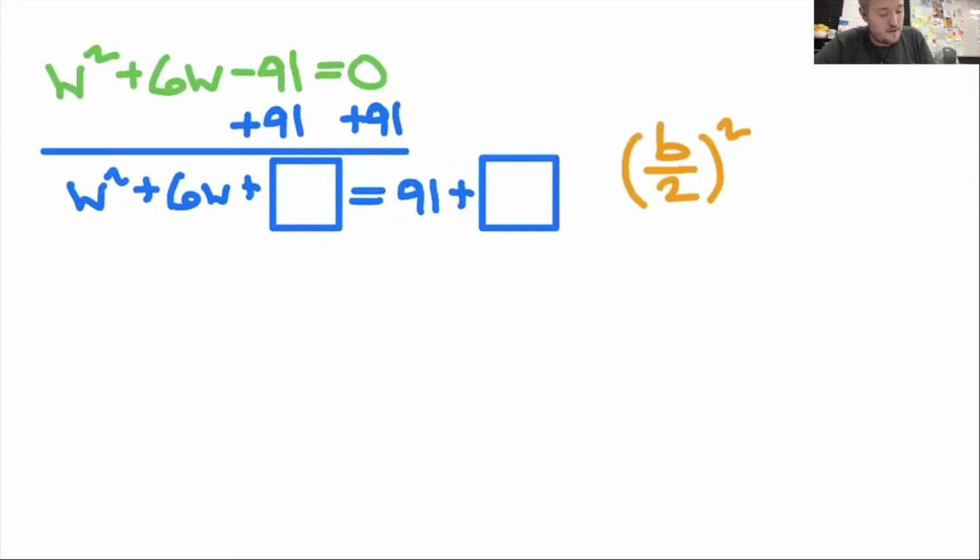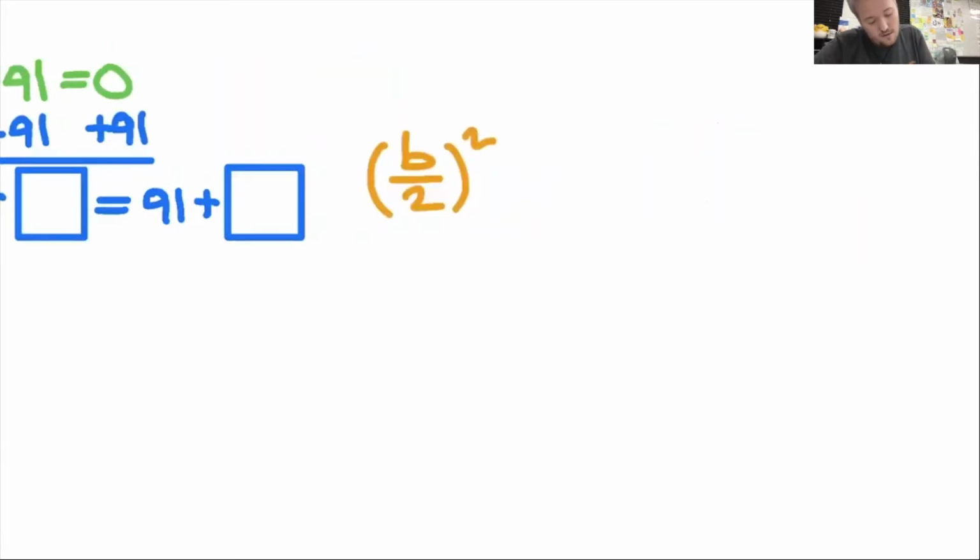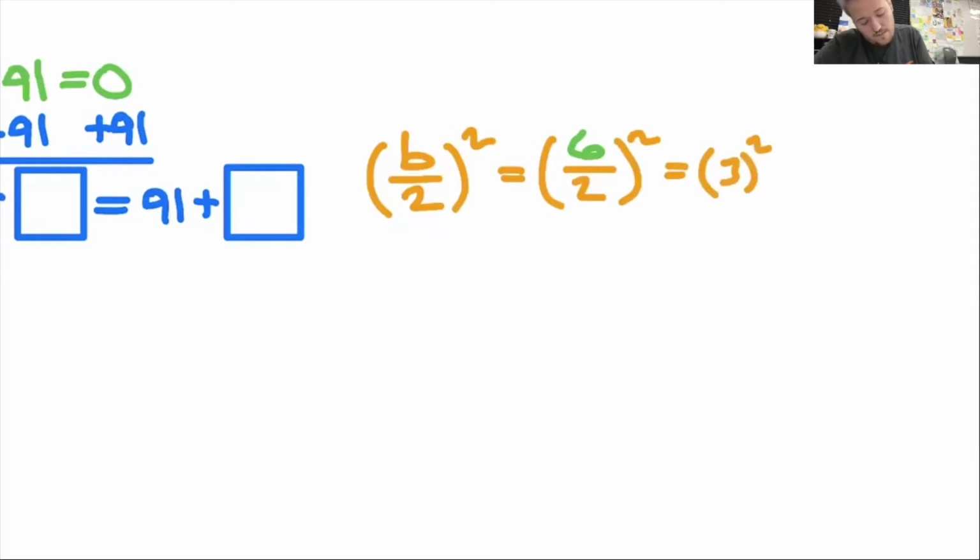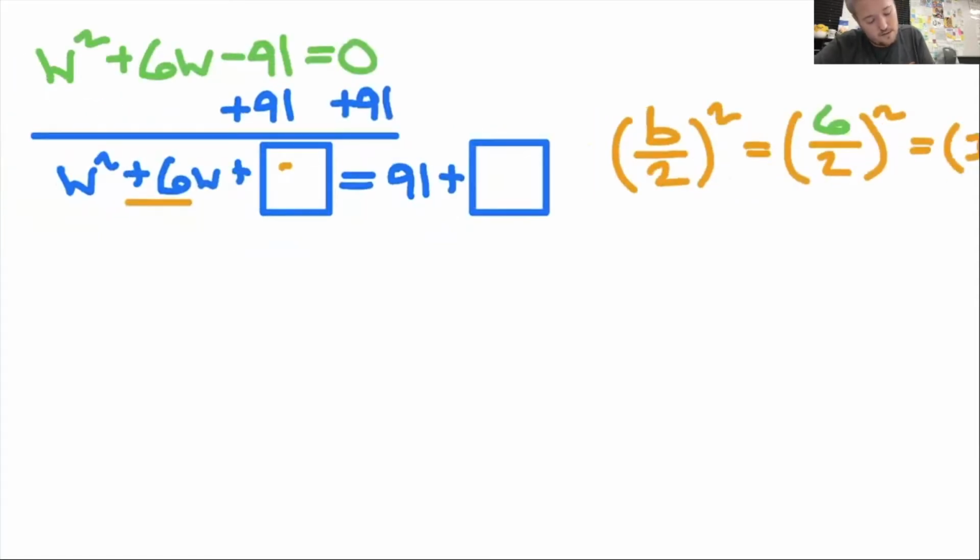So your B value is your 6 over here, that positive 6. So I'm going to have 6 divided by 2 all squared. That's going to give you 3 squared, which is 9. So 9 is what I'm going to add in both of these boxes.